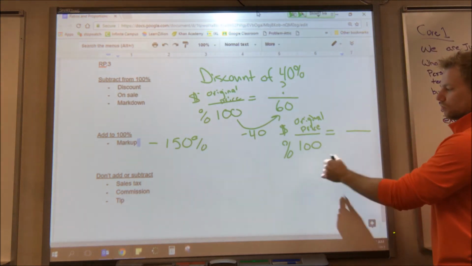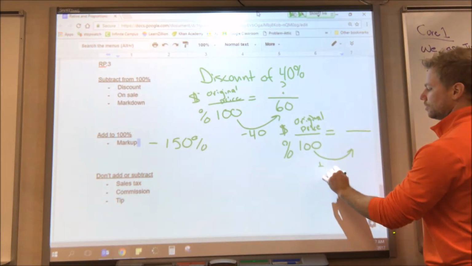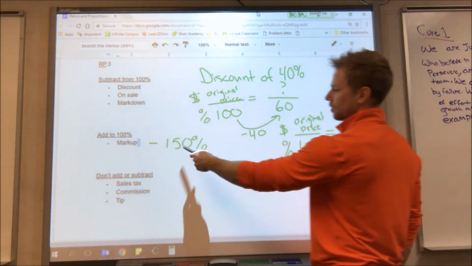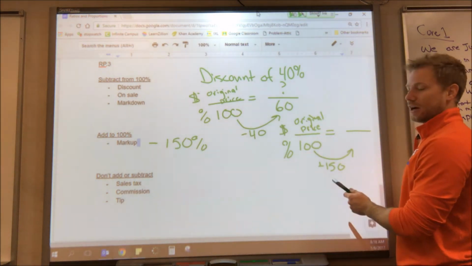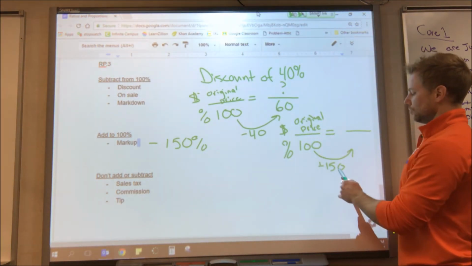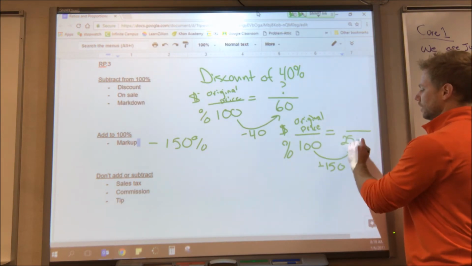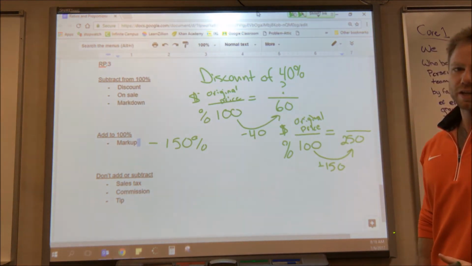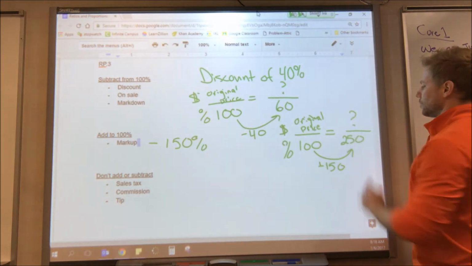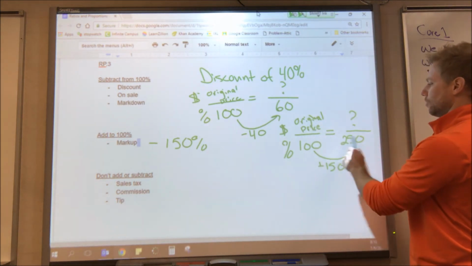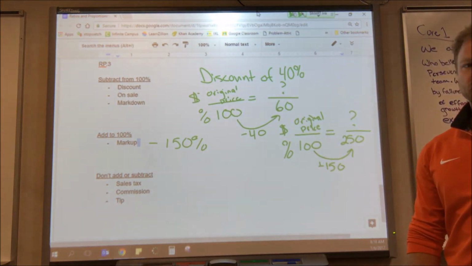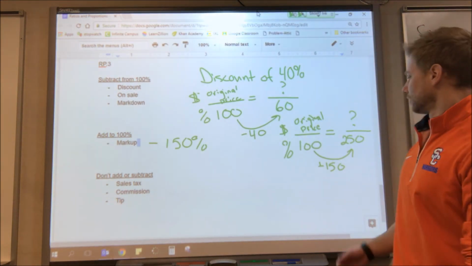Then the number that goes over here, we're going to add the amount of the markup, which is 150%, to 100, giving us 250% in our proportion. Question mark on top. Now we can cross multiply, divide to figure out what that markup price is.